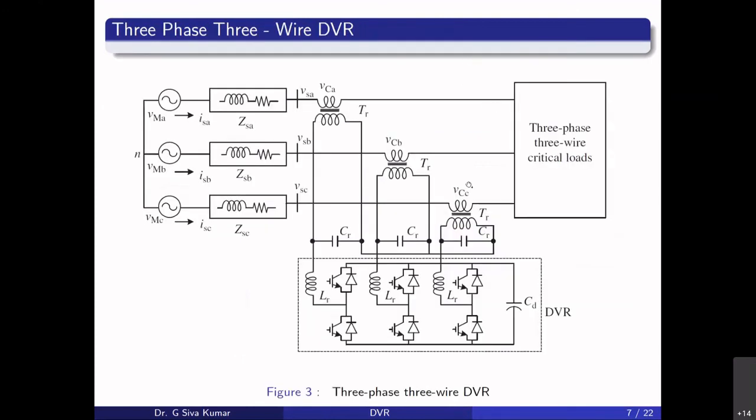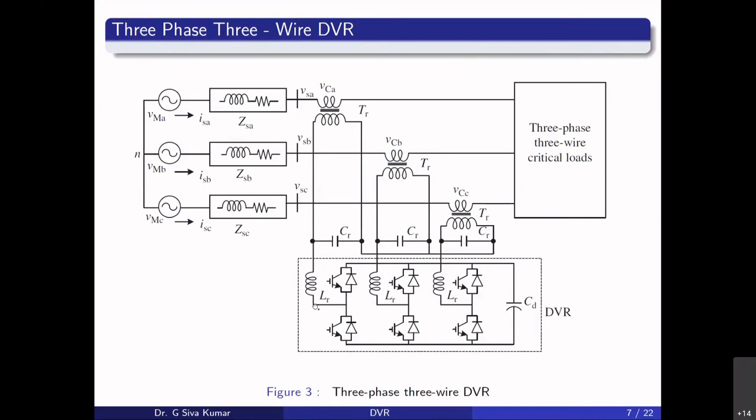This is just to give clarity on the device. This is an inverter, and it is typically a three-leg inverter because we require a three-phase system only.